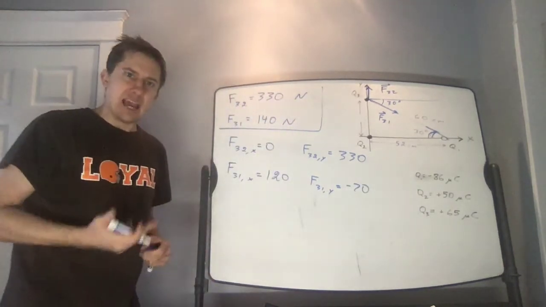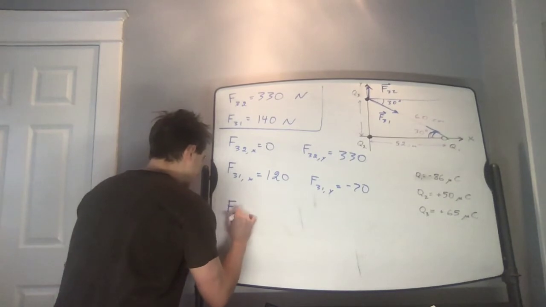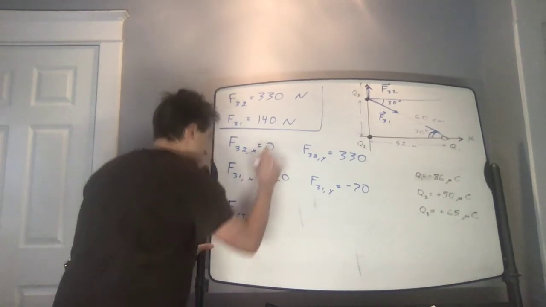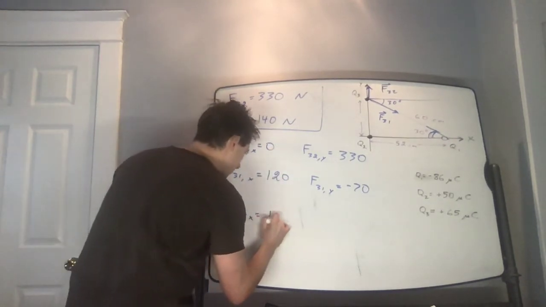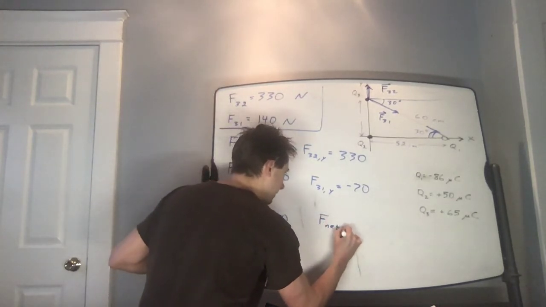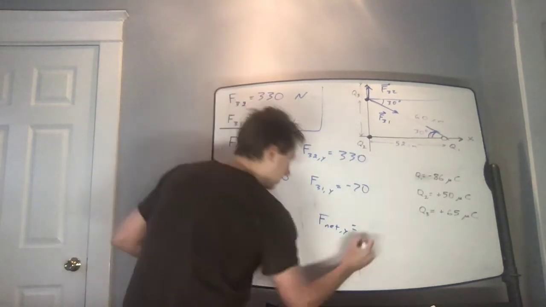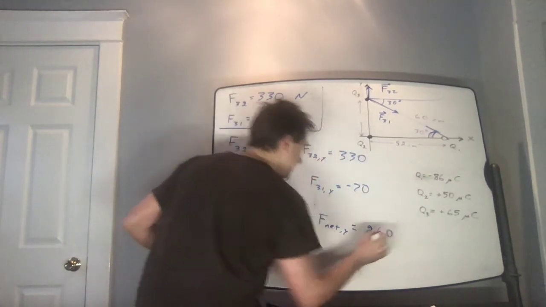If I add the x components together, I get F net x equals 0 plus 120. That will give me 120. I find F net y, 330 plus negative 70, so that gives me 260.